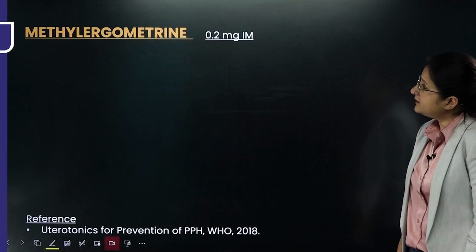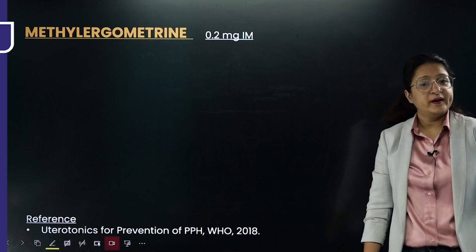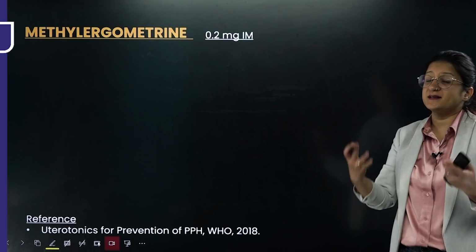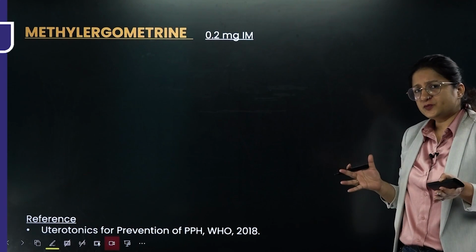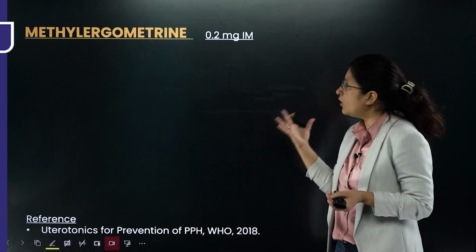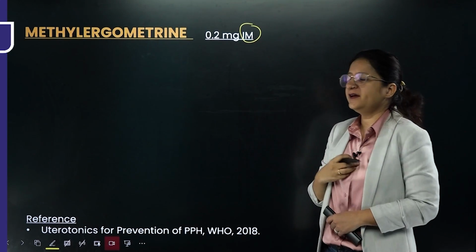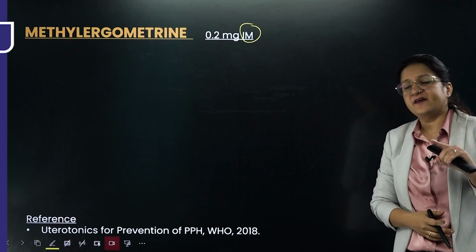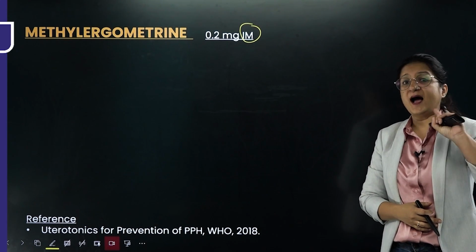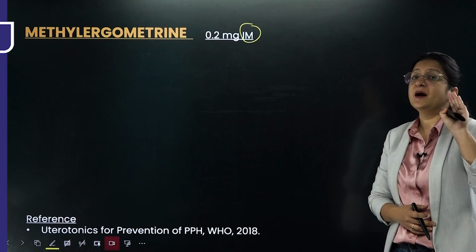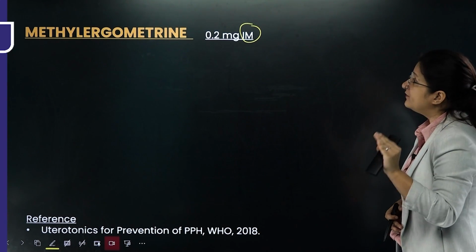Now, the other drug, let's talk about methylergometrine, which is used in a dose of 0.2 milligram IM as well as IV for active management of third stage of labor. If at all one has to give, I would prefer IM over IV because of the side effects which are more with the IV dose, like sudden hypertension, which is a very, very important side effect which primarily happens with IV regimens.